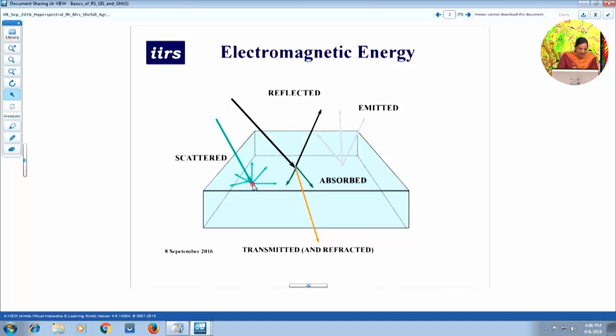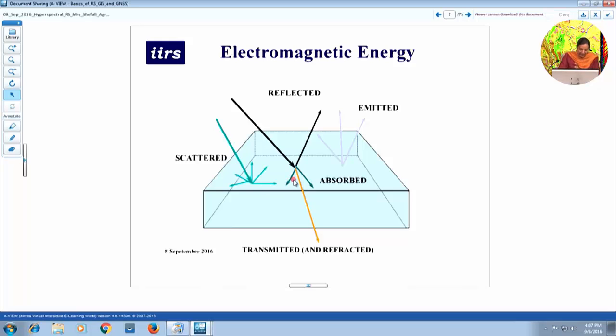The other is the light can be reflected: the energy strikes the object and reflects away in a single direction. When it reflects away in a single direction, then we call it reflected energy. When it gets scattered in many directions, then it is scattered.